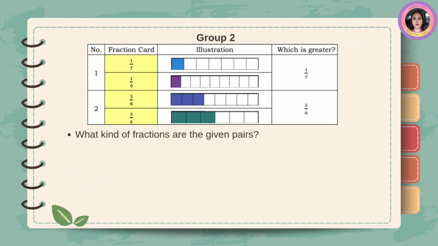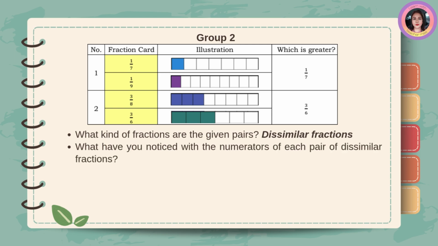For Group 2, what kind of fractions are the given pairs? What have you noticed with the numerators of each pair of dissimilar fractions?